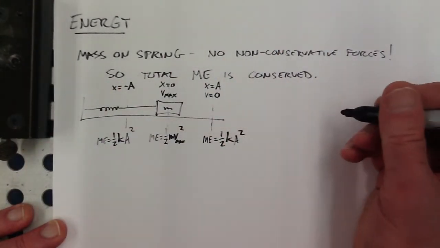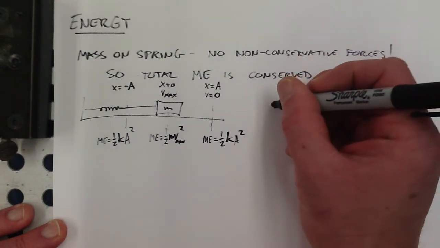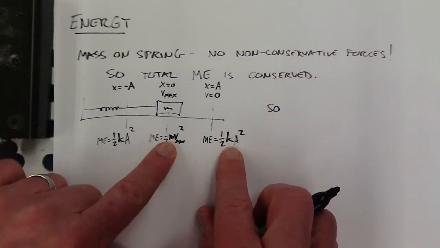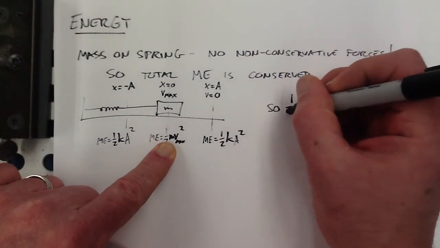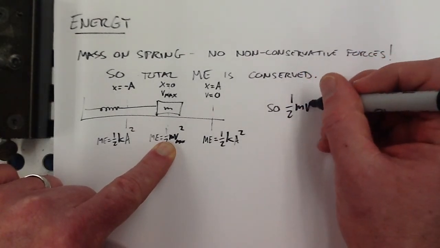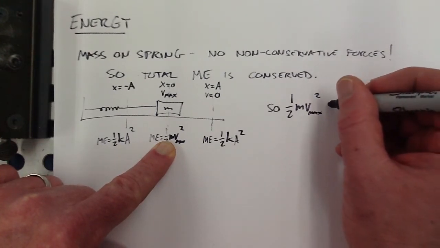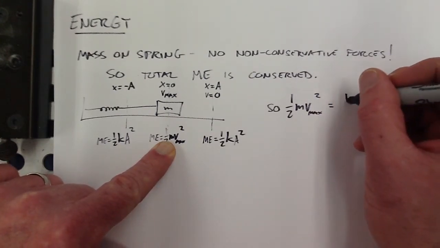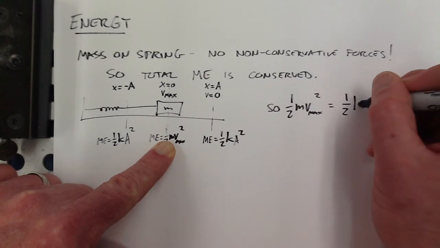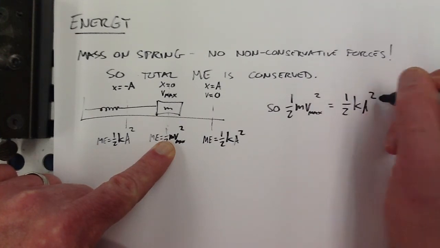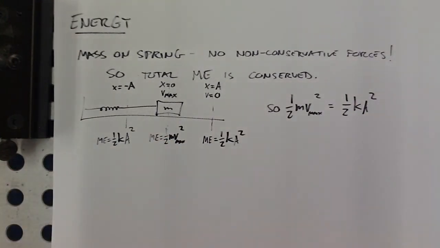So that means that 1/2 m v max squared is equal to 1/2 k a squared, right?